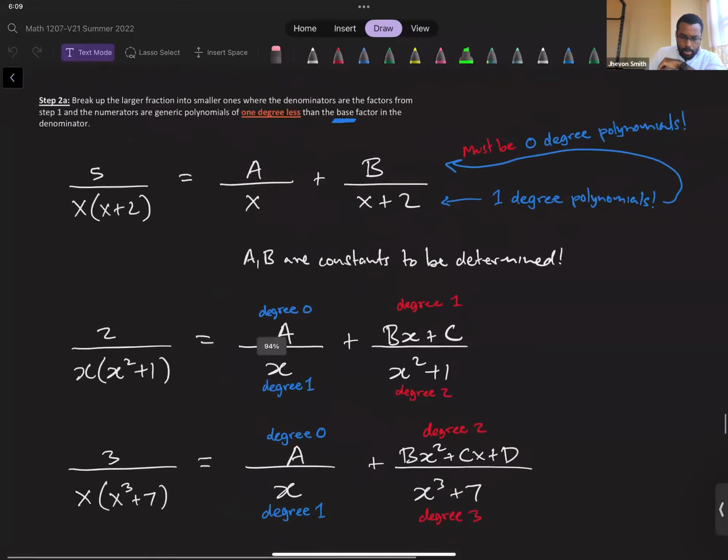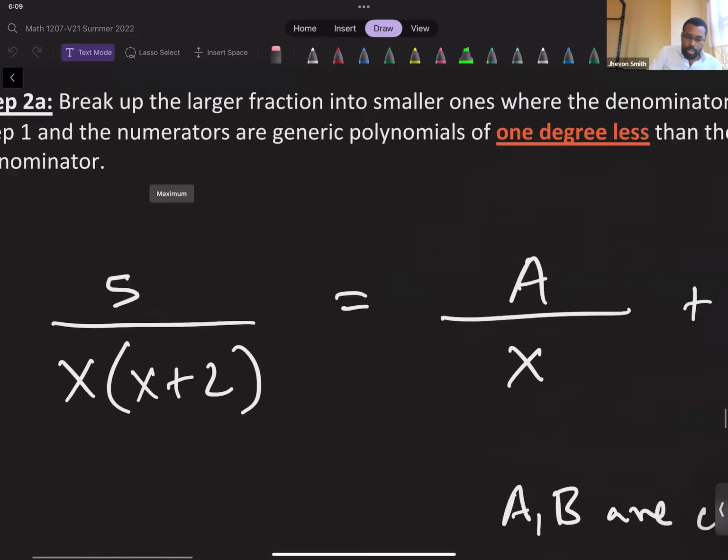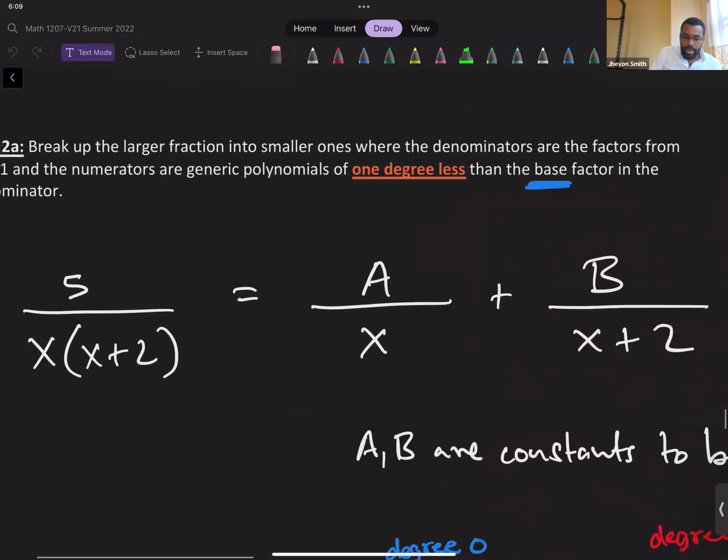The basic idea, which we're going to do more of today, but I just want to run through it for you: let's say you have a proper fraction and the denominator is factored. How do you continue? You break up that big fraction into smaller fractions based on the factors in the denominator. In the first case, for example, the denominator was x times x plus 2.